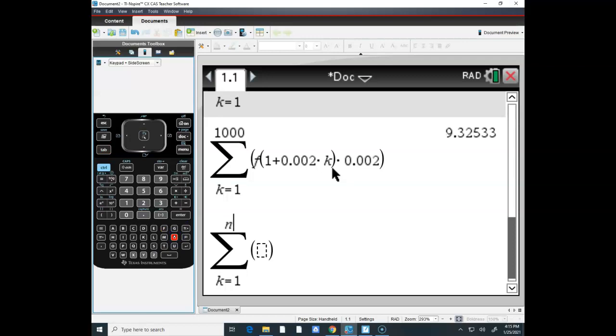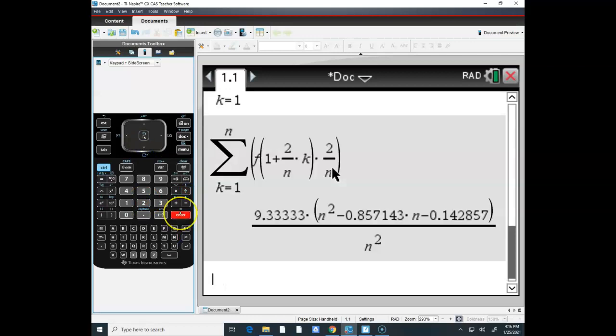Here's my n. I still have the same function, but I'm going to type it in as 1 plus that fancy little fraction of 2 over n, times k, and then I toggle outside of that and say times this fancy fraction of 2 over n, because that's my width.